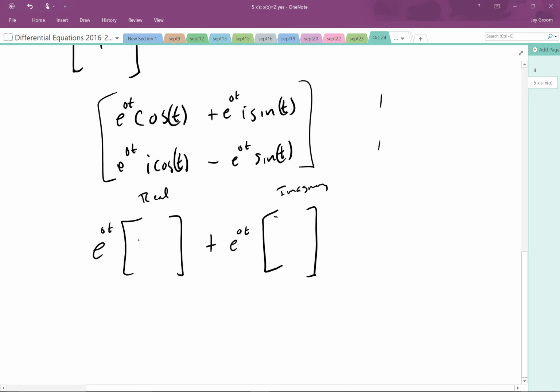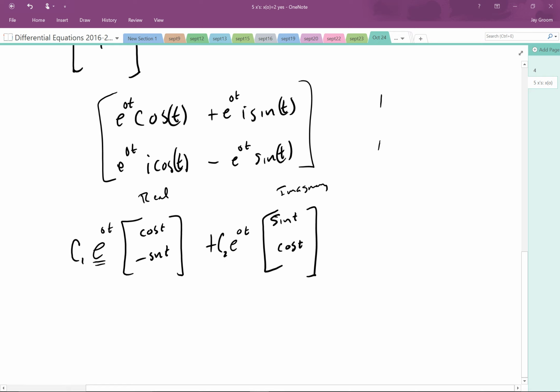Well, the real parts would be cosine of t and negative sine of t. And again, I just put this e to the 0 t out front. In a moment, we'll have something different, obviously. And it's at this point we introduce C1 and C2.